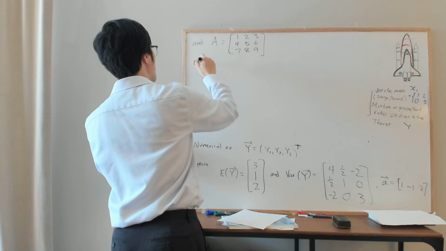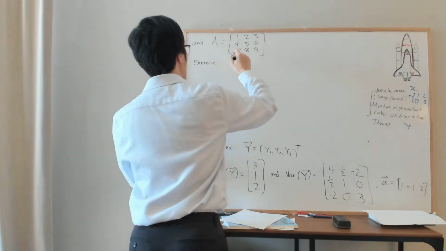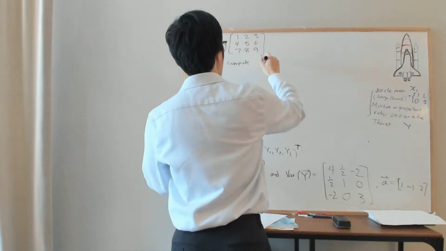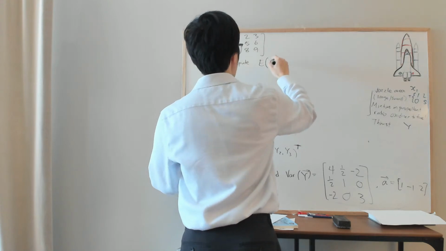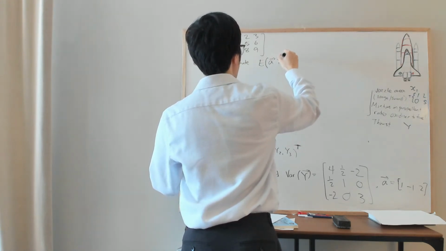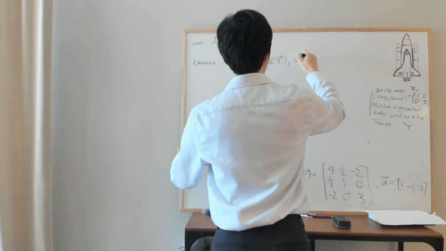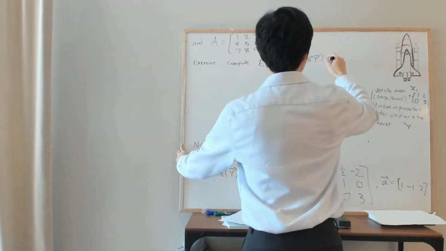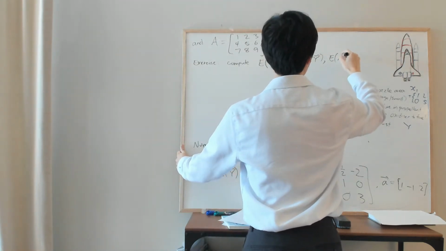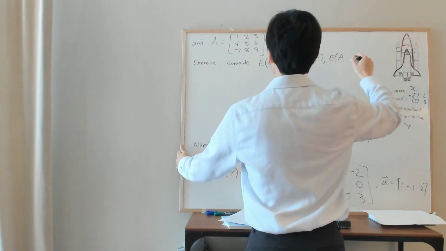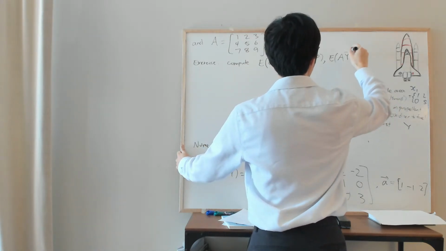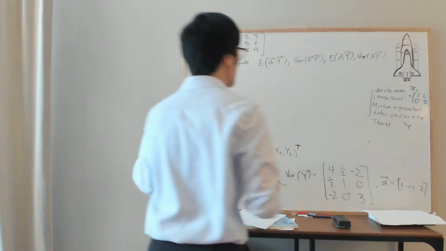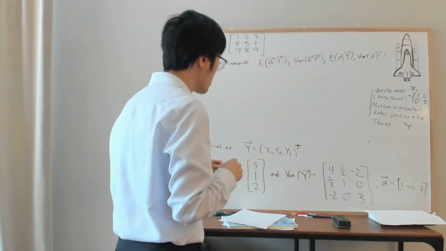So, exercise. We compute the expectation of vector A times y, the variance, and then the same with the matrix. That'll be an exercise.